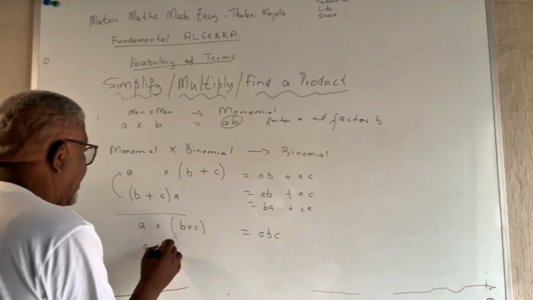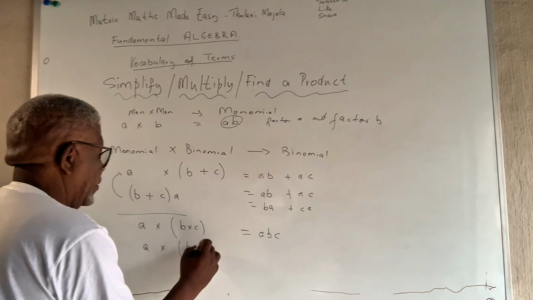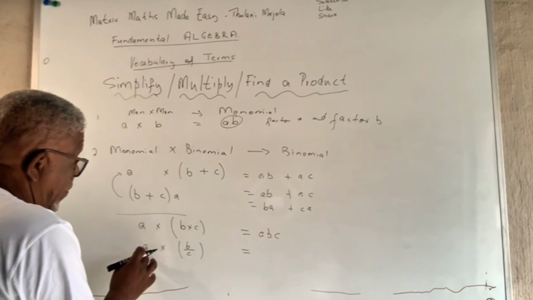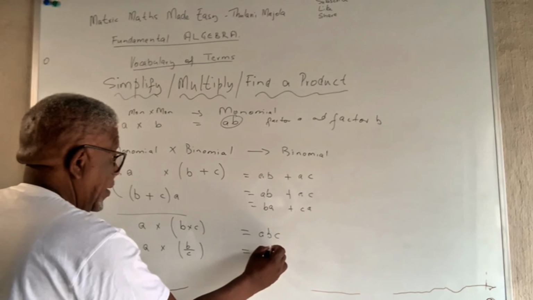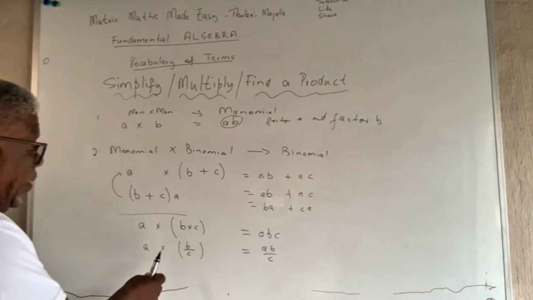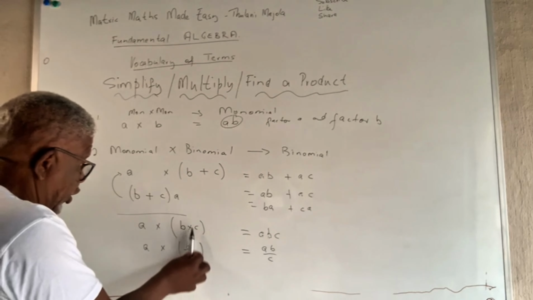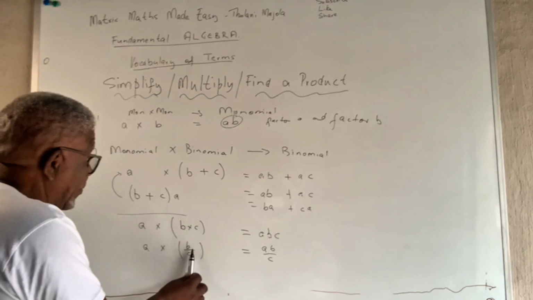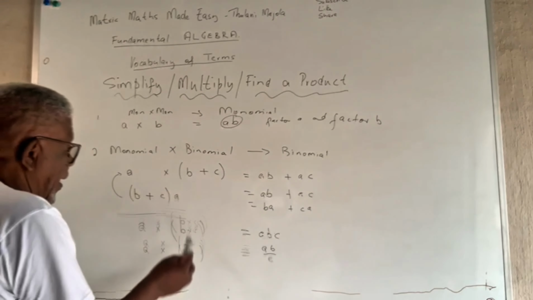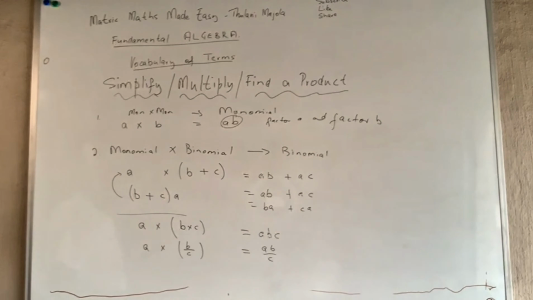Or if you multiply A times B divided by C, this is a monomial by a monomial to get AB over C. So don't make the mistake of multiplying the top and the bottom, because this is a monomial, and this is a monomial. So a binomial and a monomial are two different things. B over C is one term, so it's a monomial.